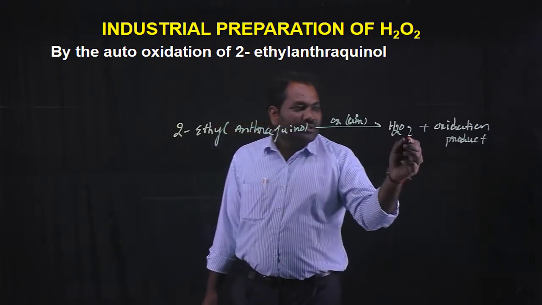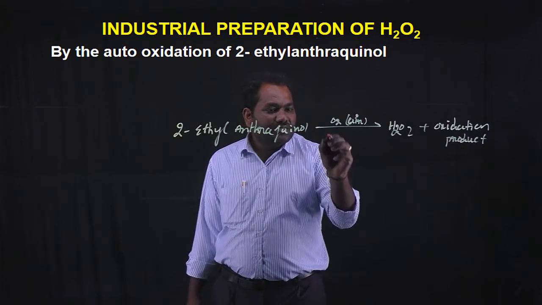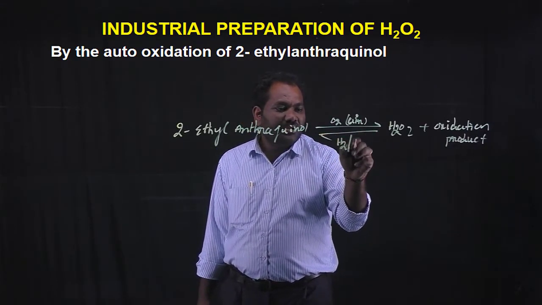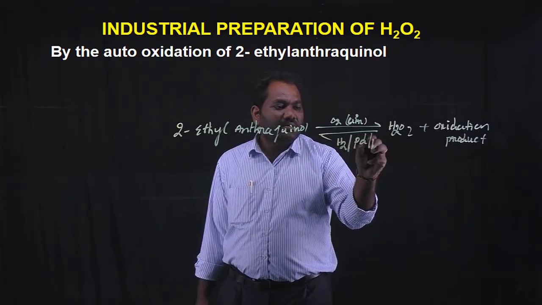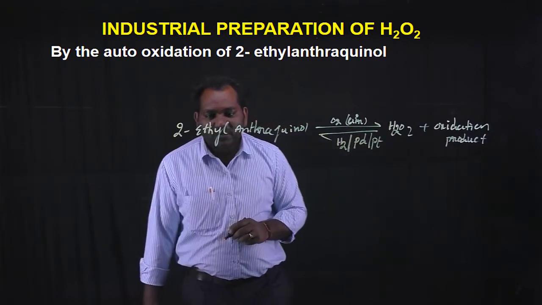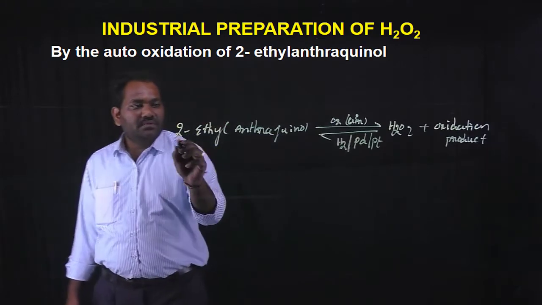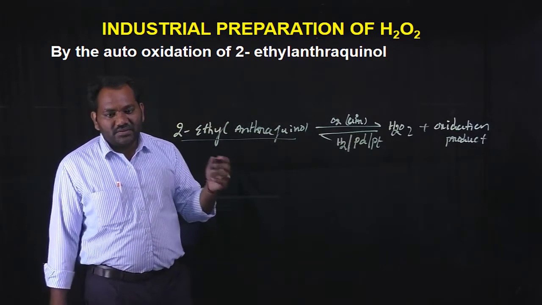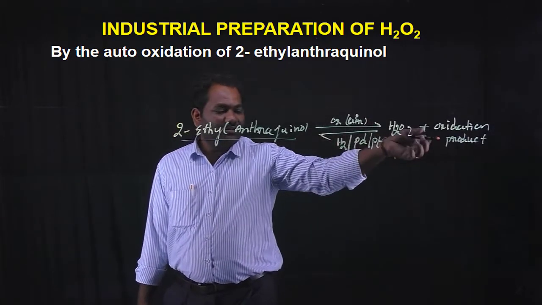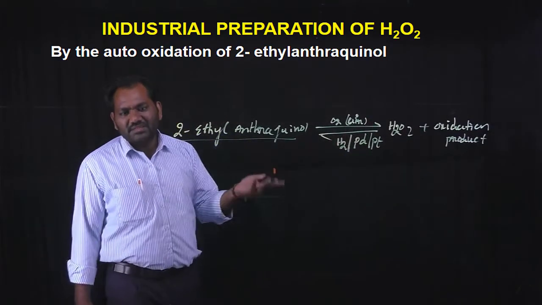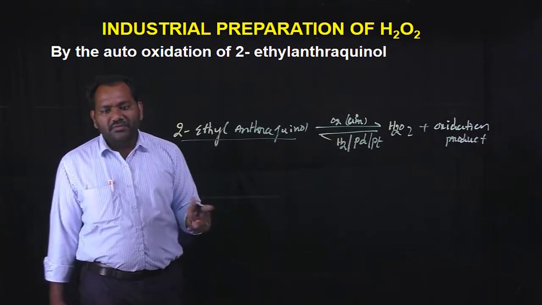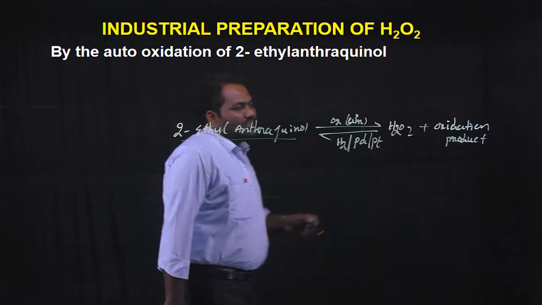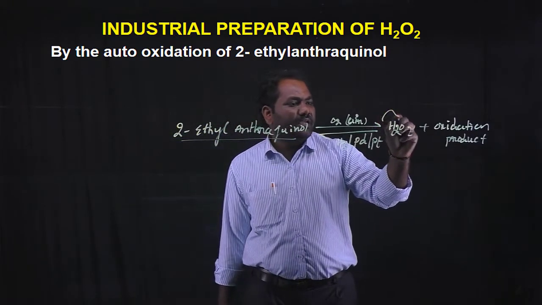The same H2O2 plus oxidation product undergoes reduction in the presence of H2 and Pd or Pt like catalyst to give the same 2-ethyl anthraquinone. Okay, 2-ethyl anthraquinone is converted to H2O2 plus oxidation product. The oxidation product is nothing but quinone. Like that, simply we will get this hydrogen peroxide.